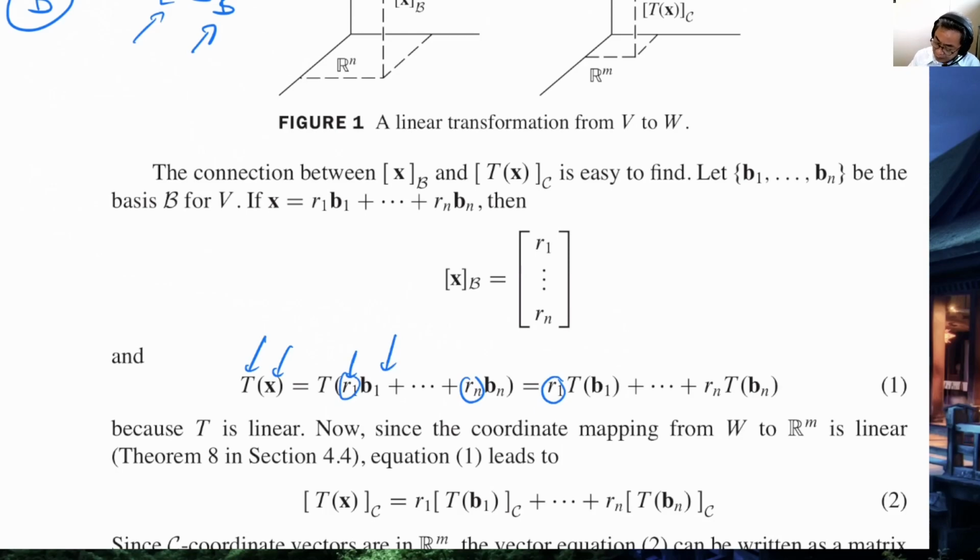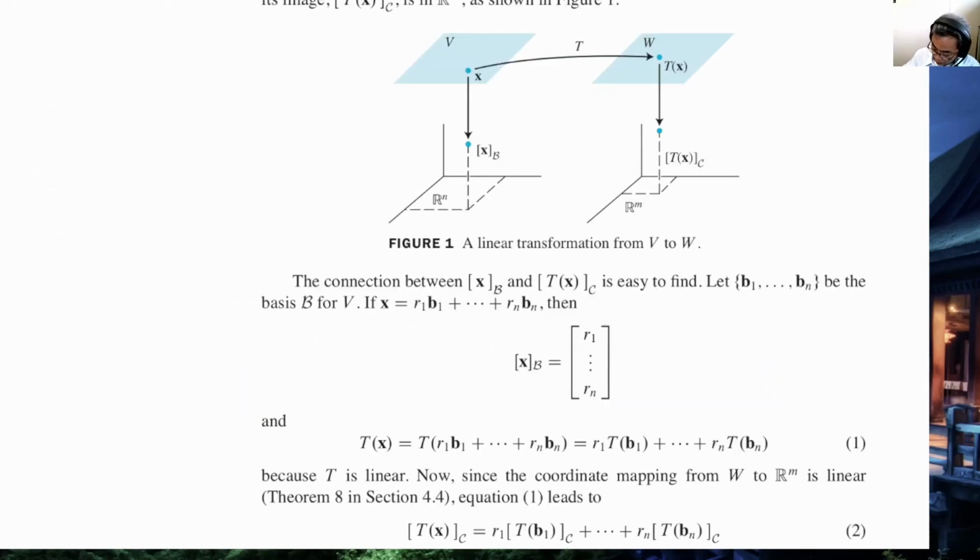And because the operation is linear, we can act on each individual R1 B1, R2 B2, up to Rn Bn independently. Therefore, what we see now is that the transformation of X can be represented as this equation.